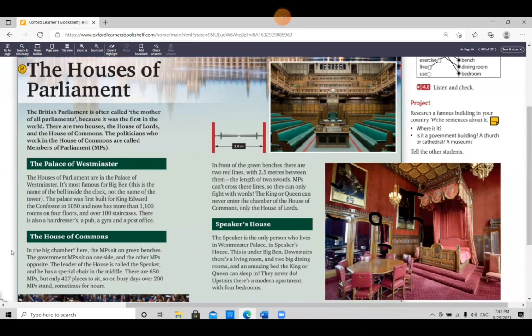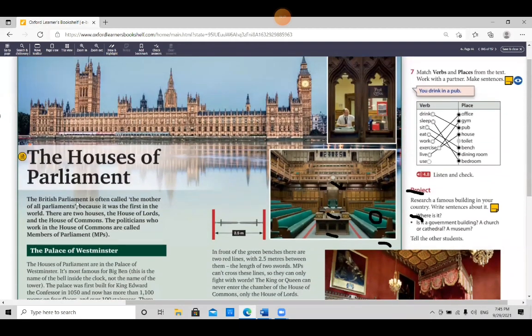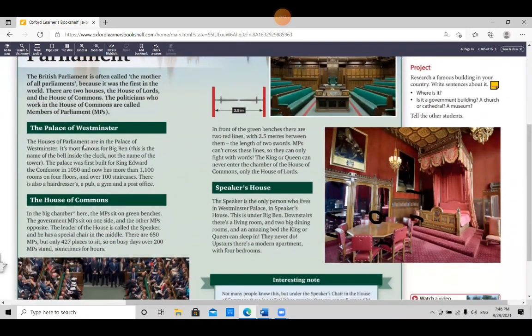Okay, thank you. But please notice, it is palace, not place. A palace is bigger than a villa. So the Houses of Parliament are in the Palace of Westminster. It is most famous for Big Ben, the name of the bell inside the clock, not the name of the tower.